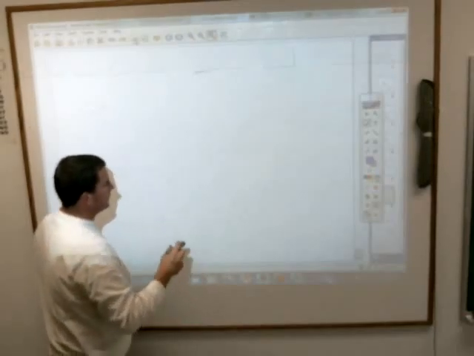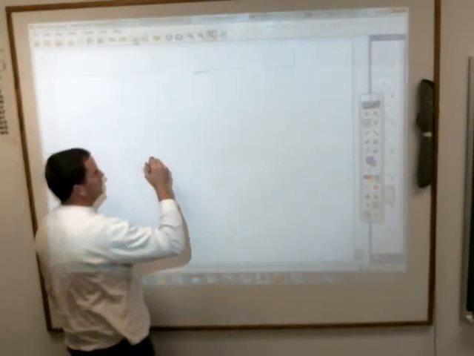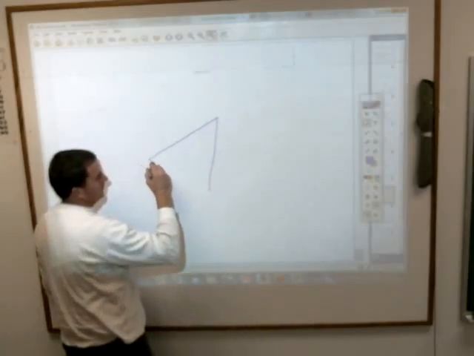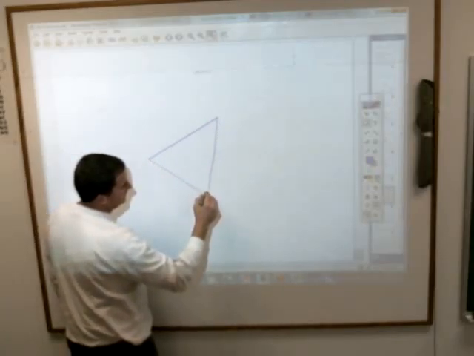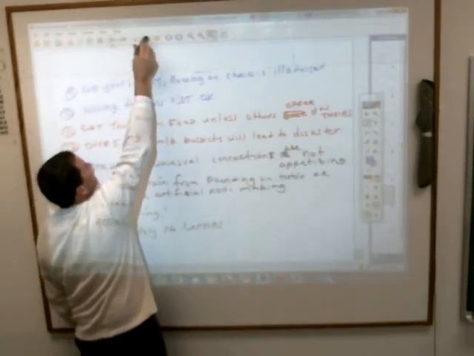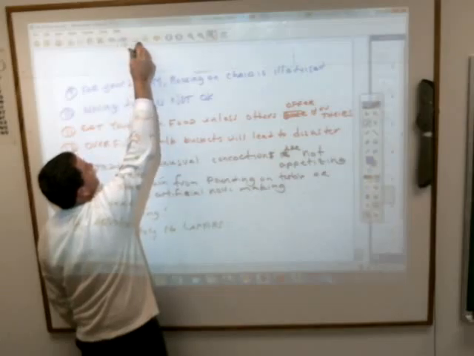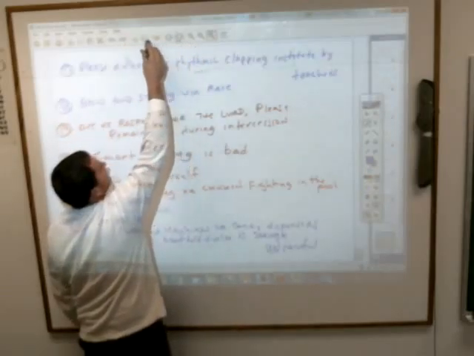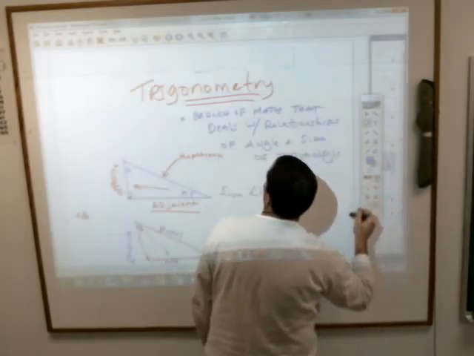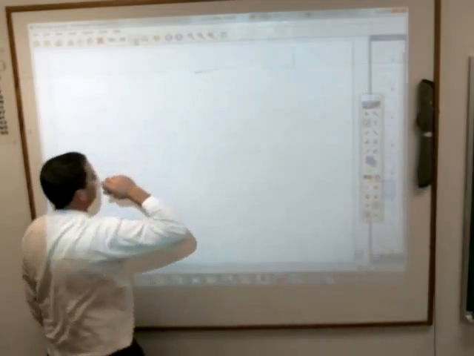Let's say we have, children, an equilateral triangle. Can I change that? What just happened here? Where did my thing go? Is it here? Draw this, see if you can draw this with me.